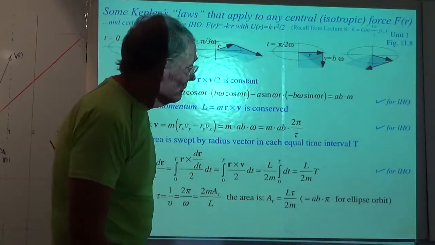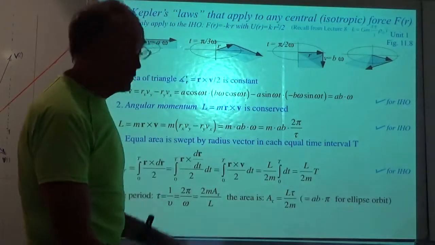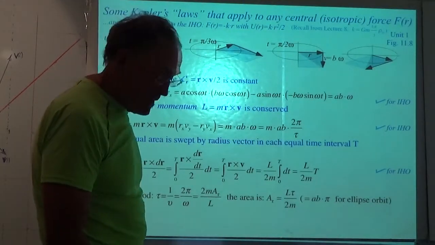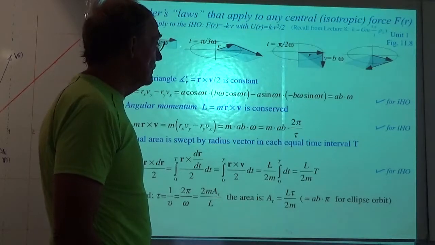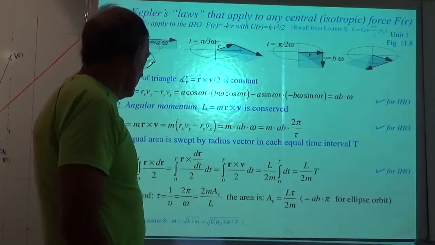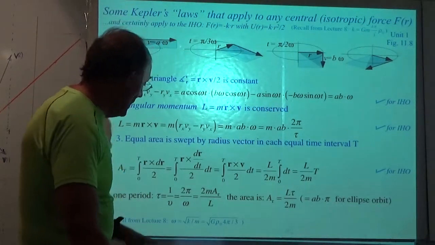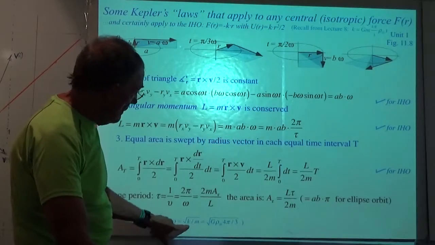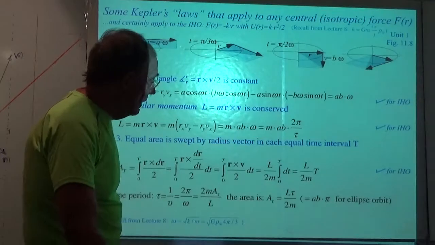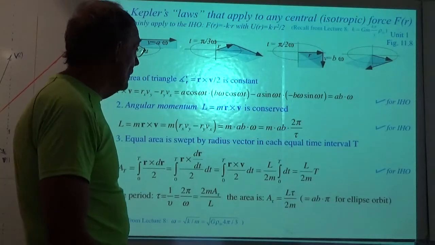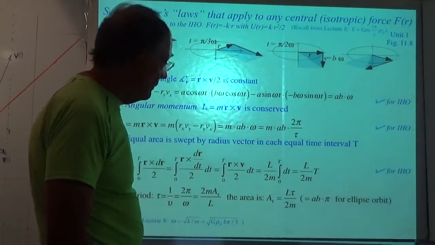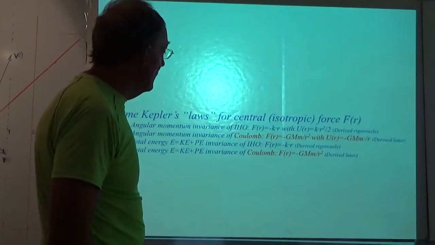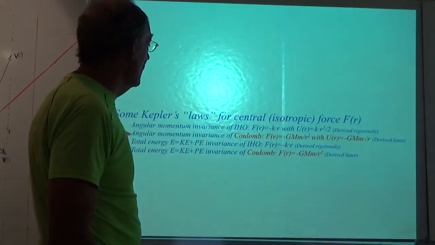So nature's being kind to us and giving us more power in our theory than we might really think we deserve. Now, in lecture 8, we related omega to some constants. Don't forget that. That makes it easy to use this in various problems. Once you know the omega, you can determine the period and all of that stuff.